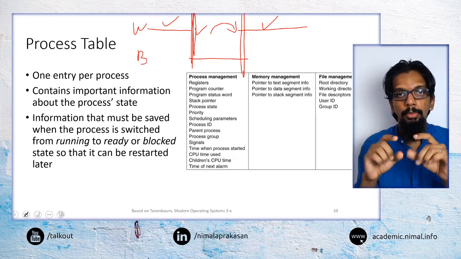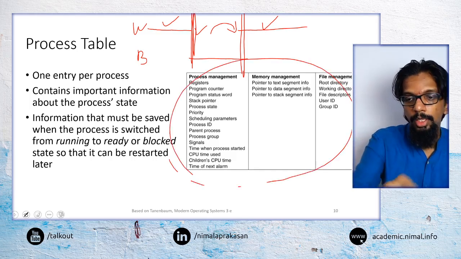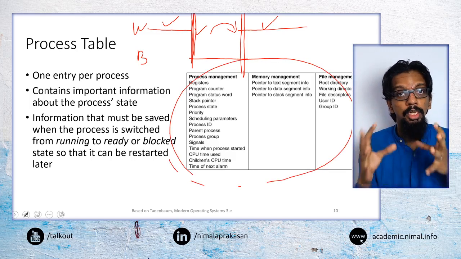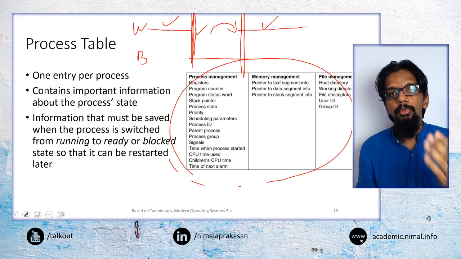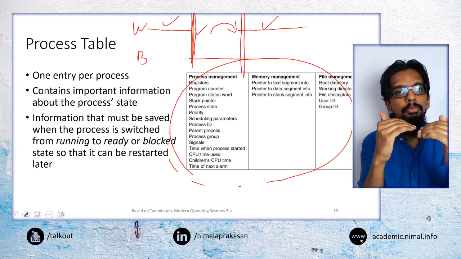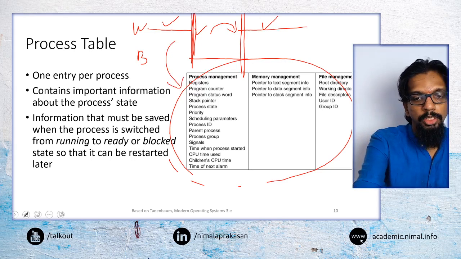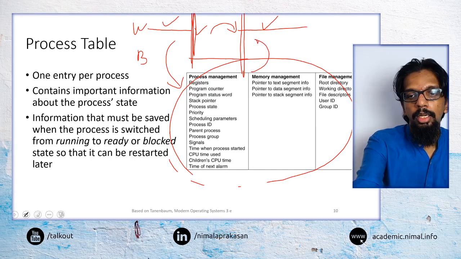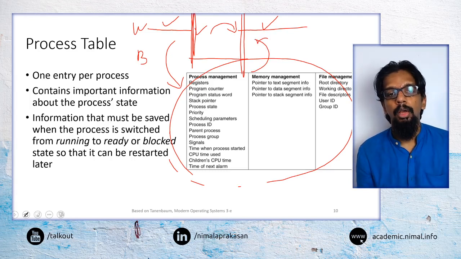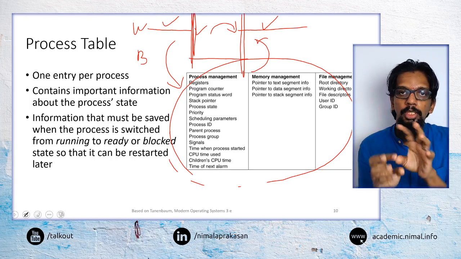A process table is a table that holds all this information, which is necessary to manage a process over time. When a process is leaving, all the information is stored in the process table, and when it's ready to run again, that information is taken out. That is how we use the process table.